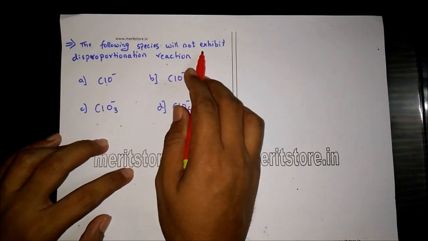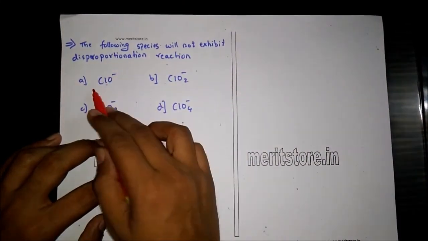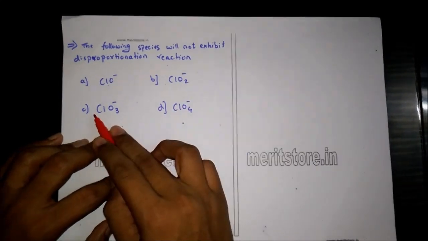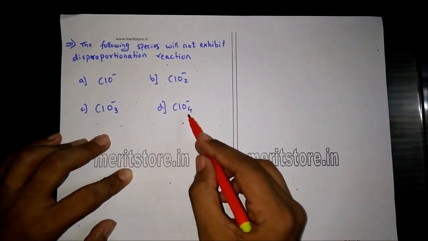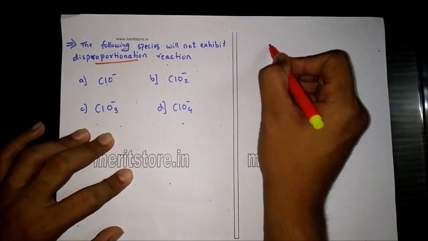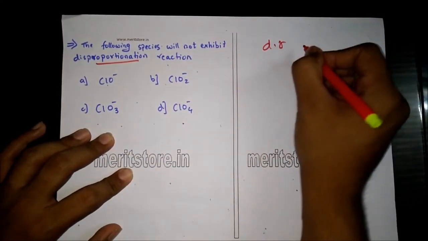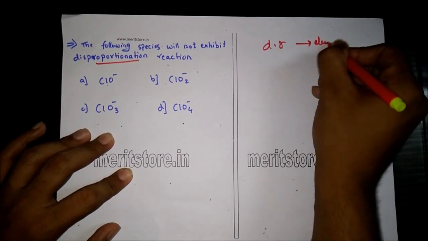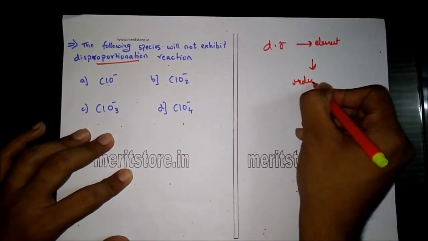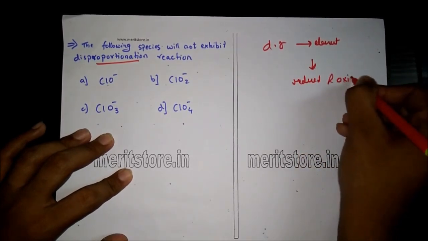The following species will not exhibit disproportionation reaction: A, ClO minus, B, ClO2 minus, C, ClO3 minus, and D, ClO4 minus. Now, in a disproportionation reaction, one element of the compound will simultaneously get reduced and oxidized.